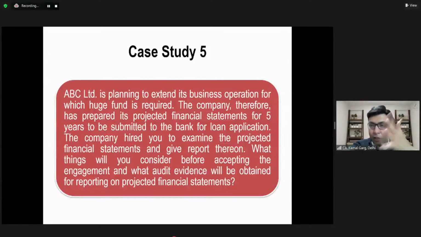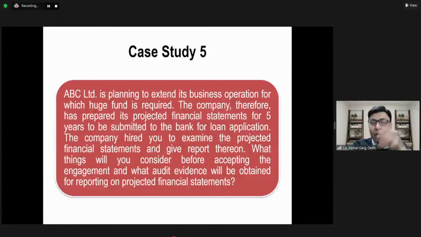If my heart is saying so, it's of no use. But if I say that I have obtained one order from a USA customer, and this is the copy of that order, then this copy is proof that my sales will be rupees X next year. It is a kind of good evidence which you will document.